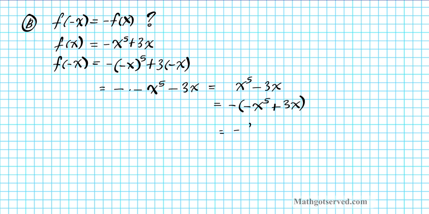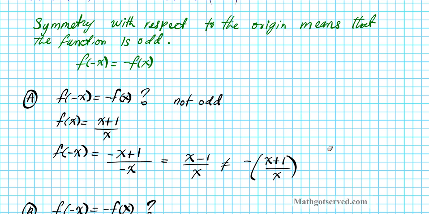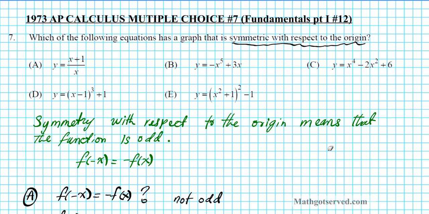This is equal to negative f of x. So that shows that this function is odd. Okay, it's odd or symmetric with respect to the origin. So the answer to number 7 is option letter B. Okay?